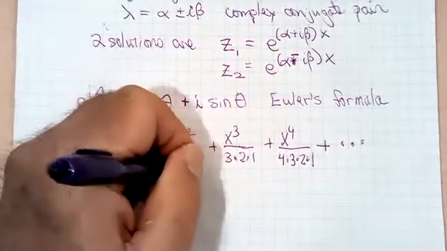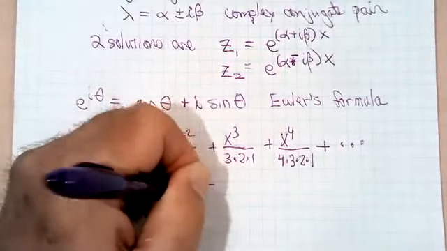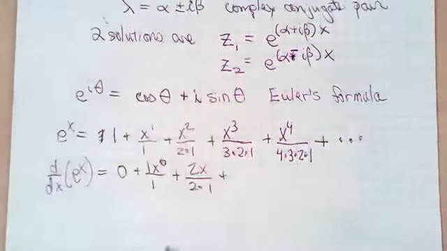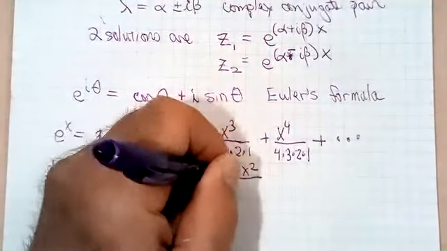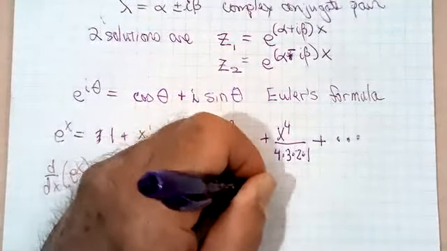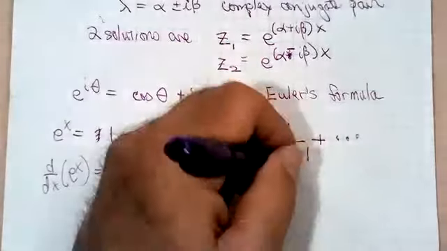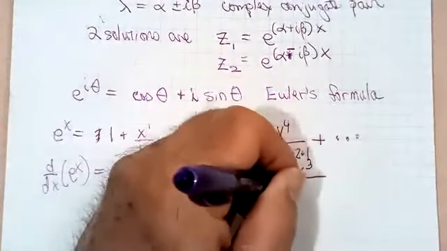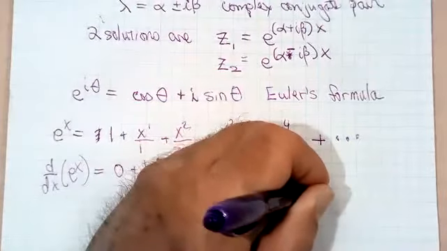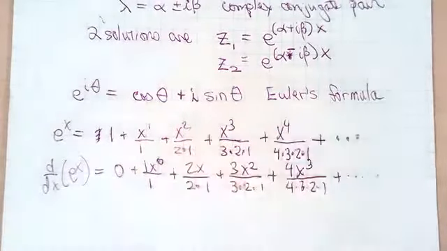Derivative of x squared is 2x over 2 times 1. Derivative of x cubed is 3x squared over 3 times 2 times 1. Derivative of x to the fourth is 4x cubed over 4 times 3 times 2 times 1, and we hope we can figure out the pattern from that many.